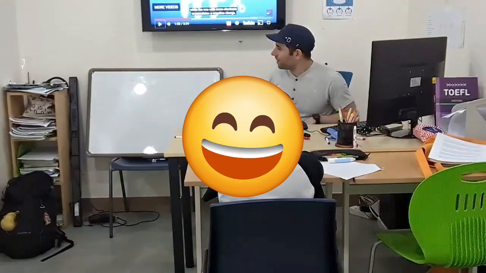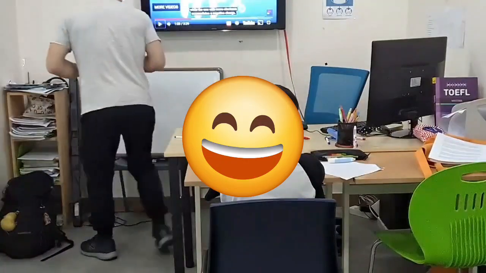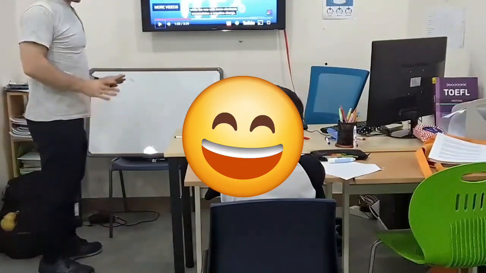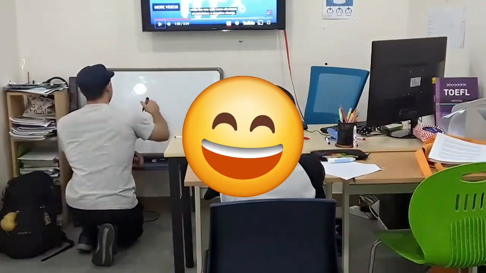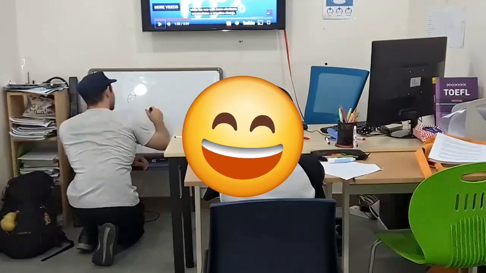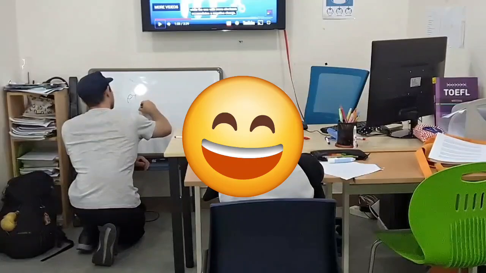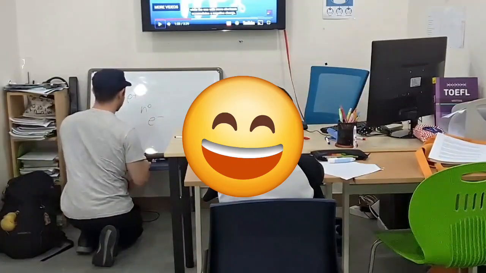Okay, so there's a lot of things here. Let's try to explain it slowly. Everything in the world has matter. And matter always has some protons, which are positive, some electrons, which are negative, and some neutrons, which are not positive, not negative.